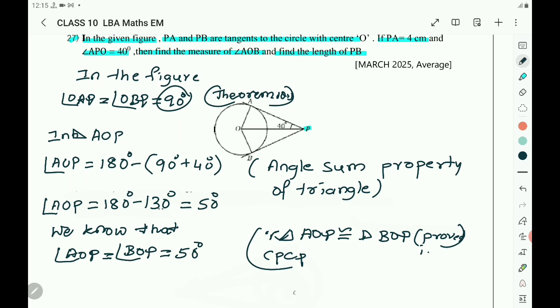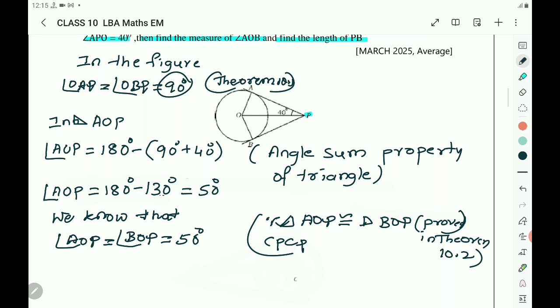Where it is proved? In theorem 10.2. You must know it. So 50 plus 50, which is equals to 100 degree. Therefore you write angle AOB is equals to 50 degree plus 50 degree, which is equals to 100 degree. 50 plus 50 is equals to 100 degree.